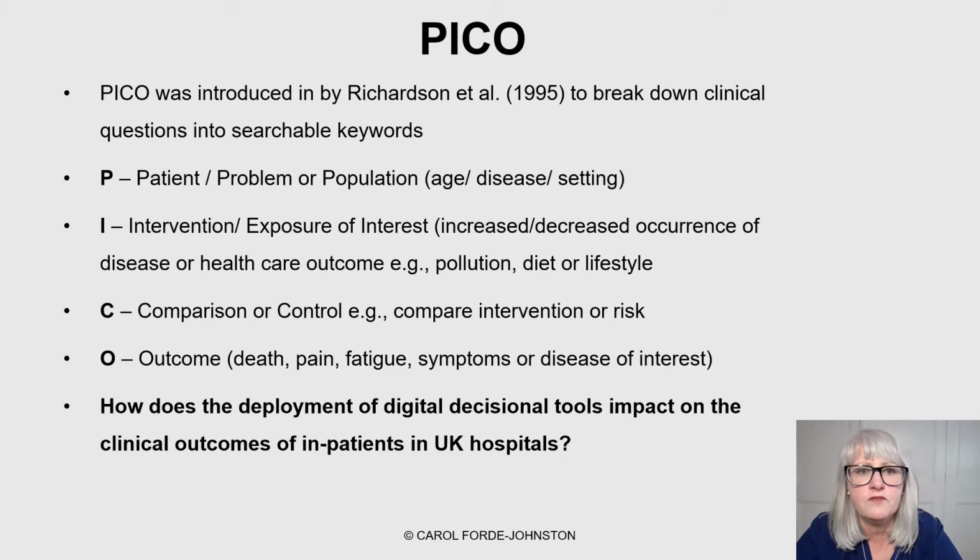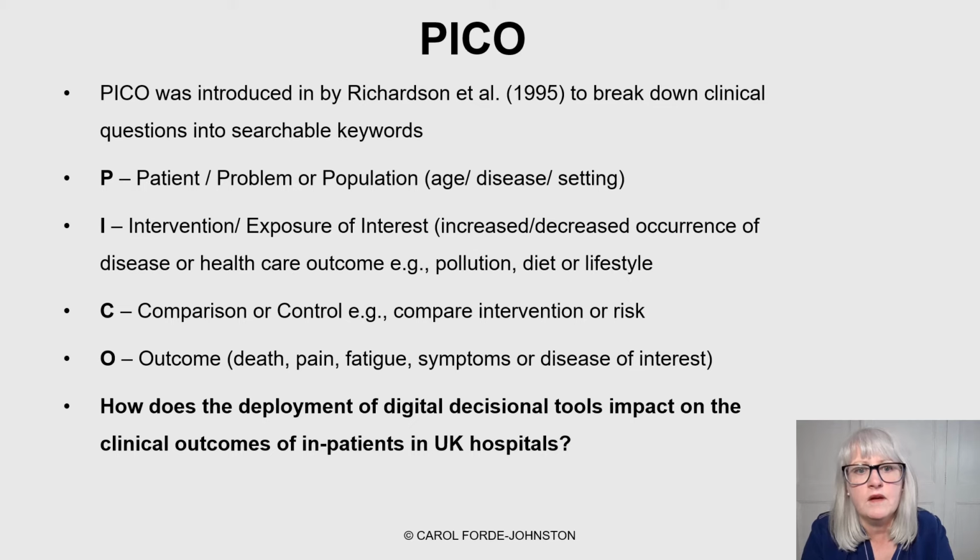So the P is for patient, problem or population, age, disease, setting. The I is for intervention or exposure of interest, which could be increased or decreased occurrence of disease or healthcare outcomes, pollution, diet or lifestyle, for example.